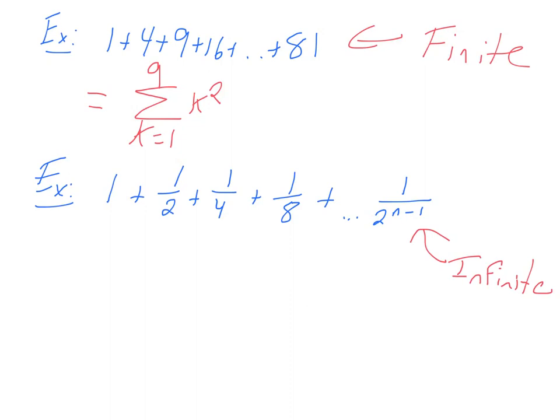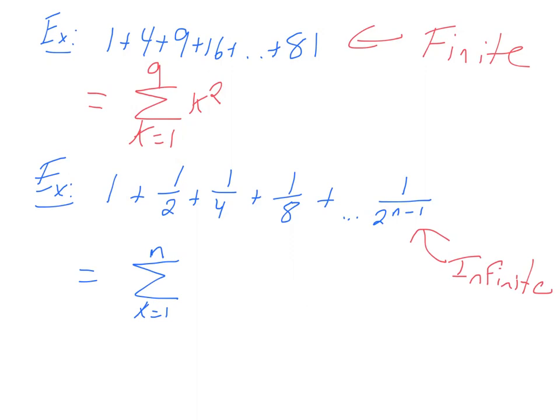Now this next one doesn't have a determinate stop. It goes all the way to n. N could be a number, and we could make n infinity if we wanted to. So it's not technically an infinite series, but it could be. We could make it infinite. Like I said, we haven't actually defined when we're going to stop with this one. So that doesn't really change a whole lot, but it does mean that we have to make our upper bound n. We're going to go from k equals 1 all the way to n.